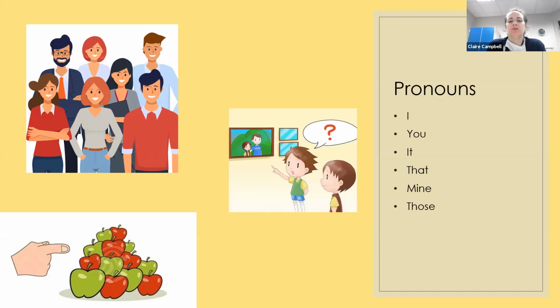I also will use I and you a lot once kids have started getting the hang of some of the verbs. So if we've been doing go quite a bit to say make the bubbles go, then we might practice with who's going to make them go. Am I going to make them go, or are you going to make them go? And let the child do that so they can start learning about me and you.